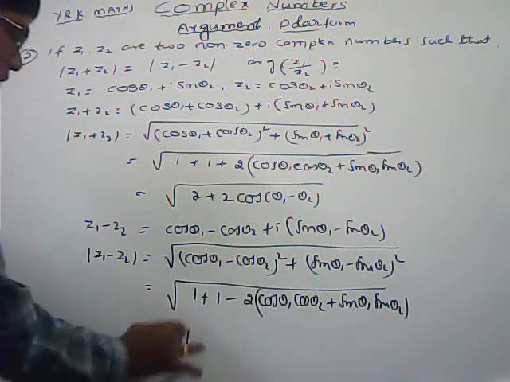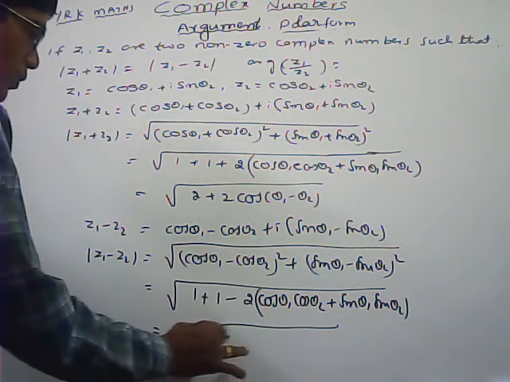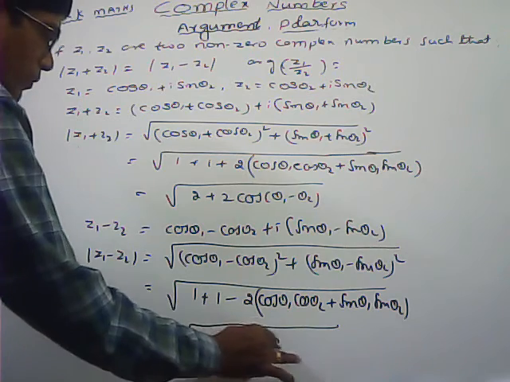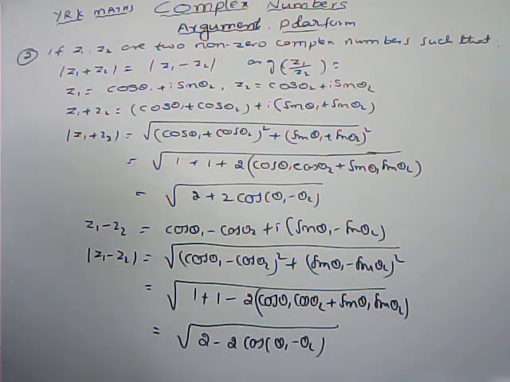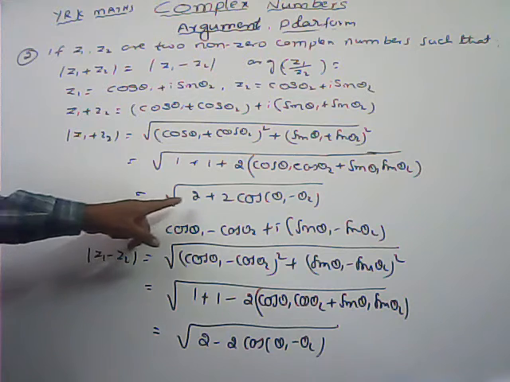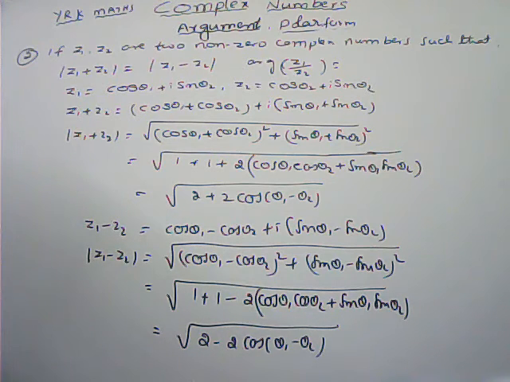That is equal to under square root of 2 minus 2 into cos of theta 1 minus theta 2. Here modulus of z1 plus z2 I got square root of 2 plus 2 into cos of theta 1 minus theta 2. Modulus of z1 minus z2 we got under square root of 2 minus 2 into cos of theta 1 minus theta 2.